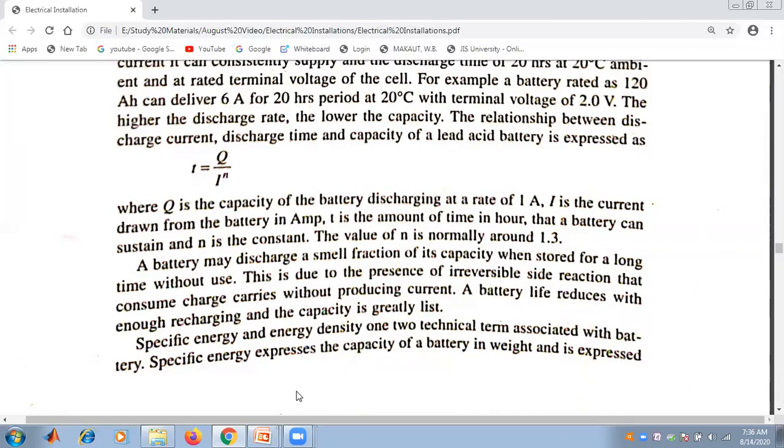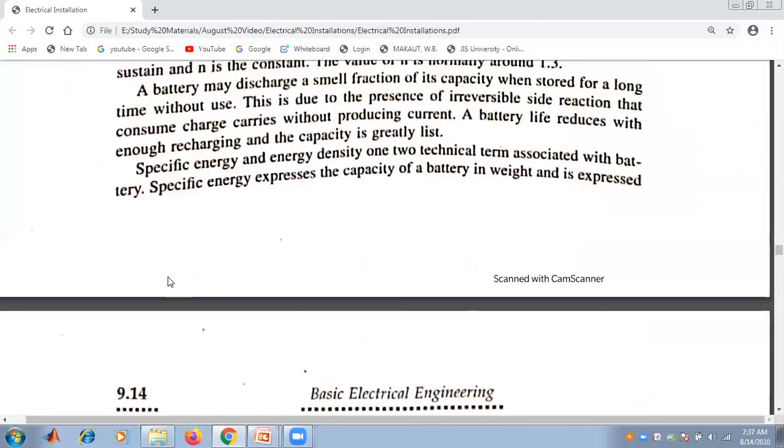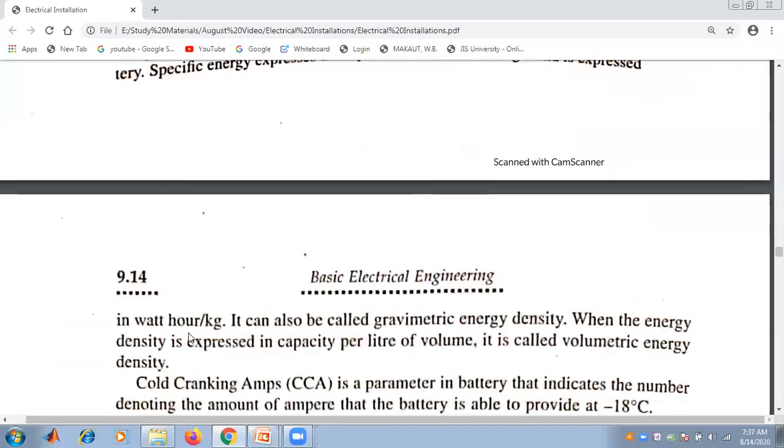The specific energy and energy density are two technical terms associated with batteries. The specific energy expresses the capacity of a battery in weight, and it is expressed in watt hour per kg.